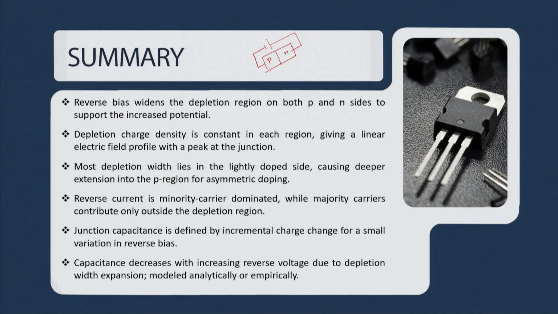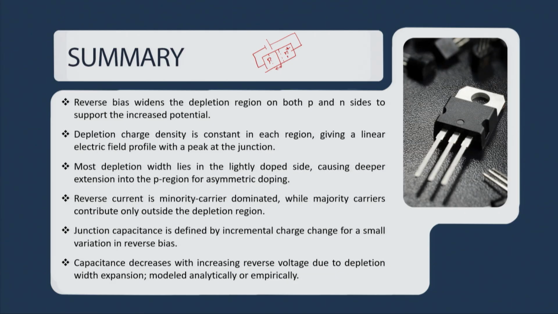We have also considered a special case of one-sided junction, considering N is heavily doped and P is lightly doped. So, the depletion region expansion will be much more at the P side. This is the general case we are going to opt for in our MOS transistor modeling.